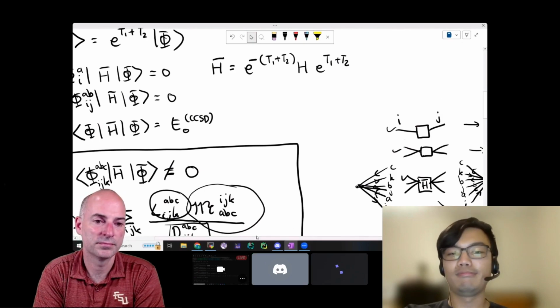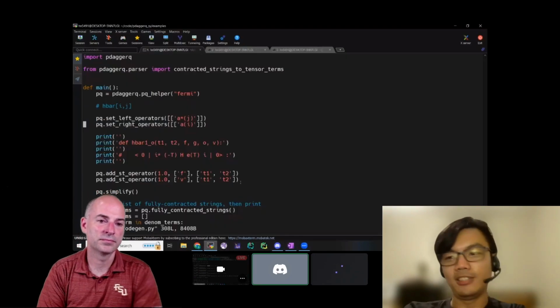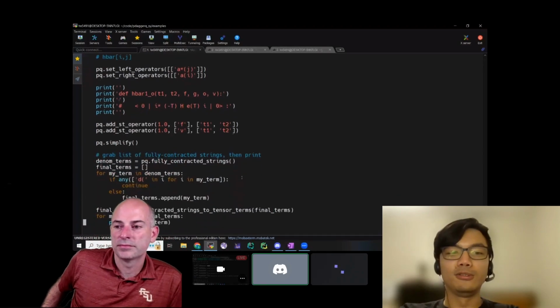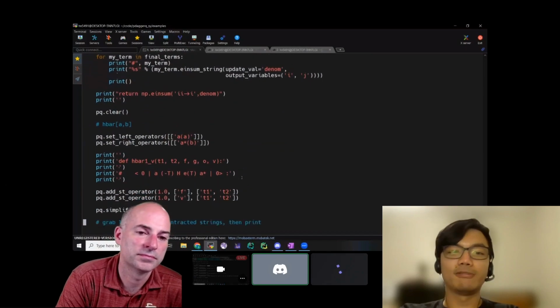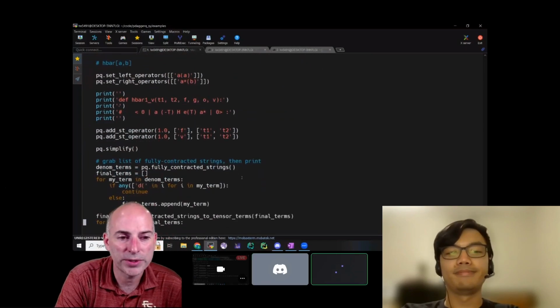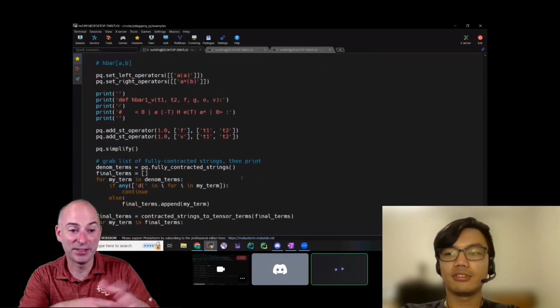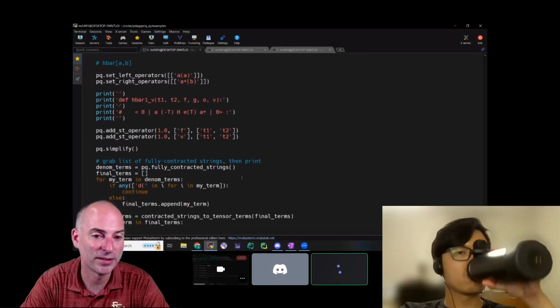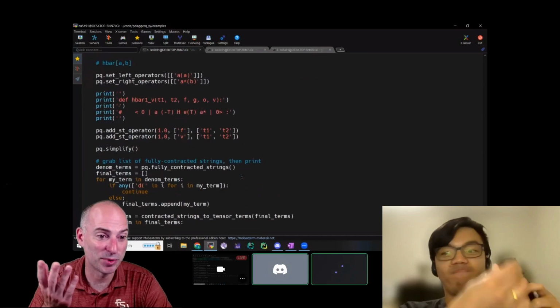So that's a very useful tool to get the working equations and factorize them. I've always just relied on the fact that it spits out the equations, they are what they are, and then you can just implement them.